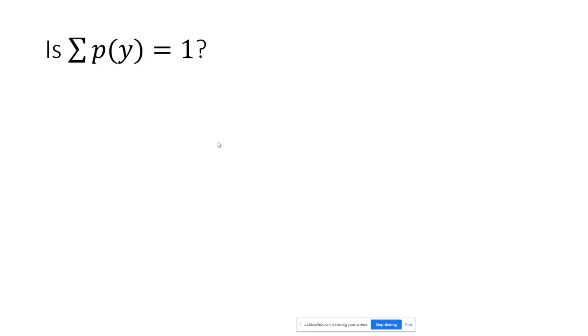So how about the other criterion? Is the sum of the p of y's equal to 1? Let's try to prove this. First of all, the generic thing that we're interested in is the sum of p of y over all y. But this is a geometric distribution, so we can make that more specific and say we're talking about the formula p of y is q to the y times p.